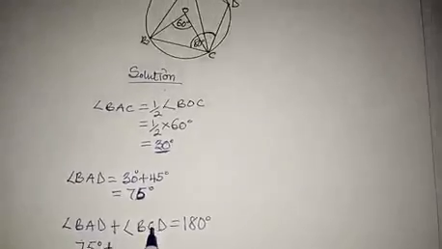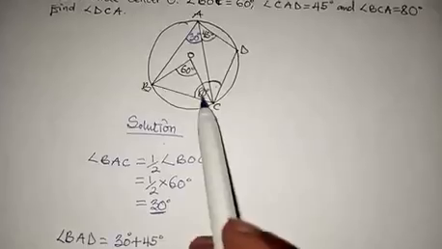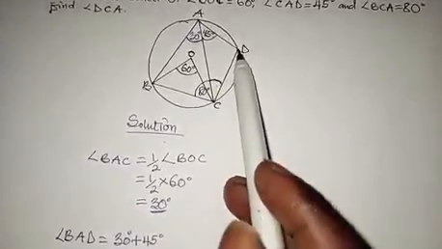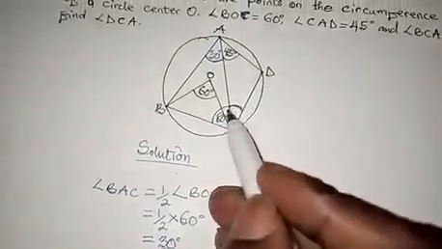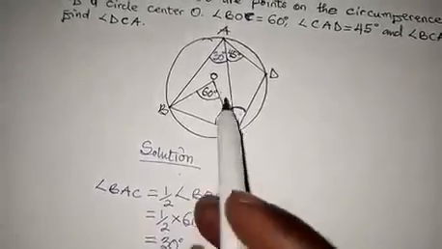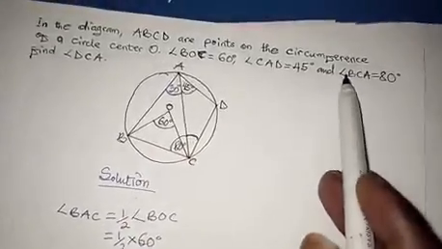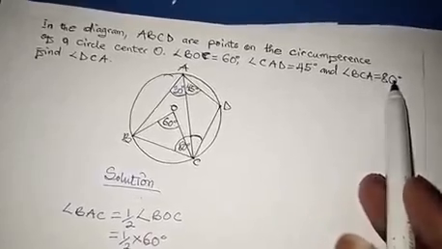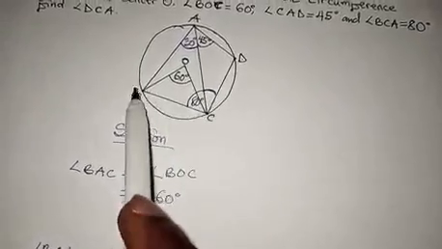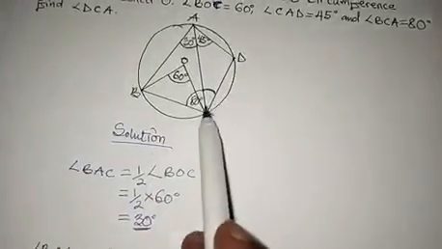Now let's go back to the diagram and check if we can get angle BCD. So where is angle BCD? So this is angle BCD. Now in the question, we were only given angle BCA, which is equal to 80 degrees. So the 80 is only for angle BCA, but the D is not part.